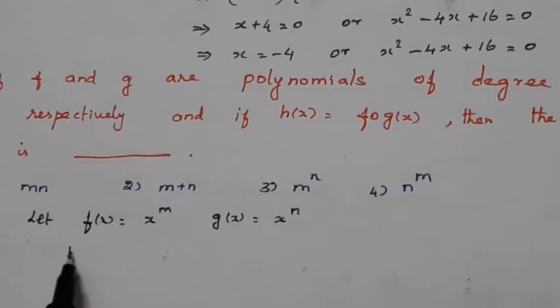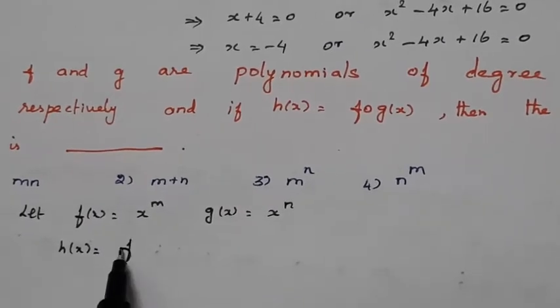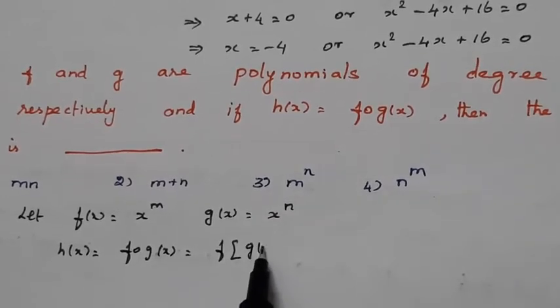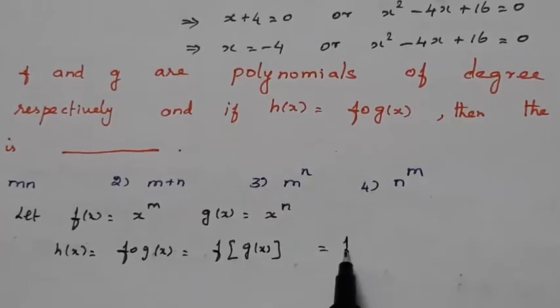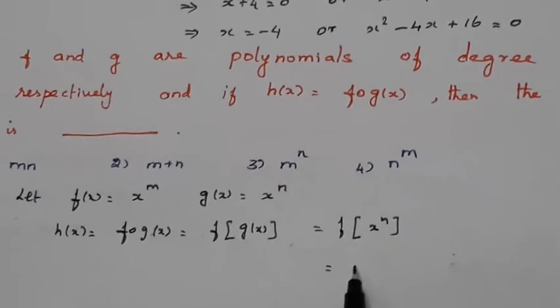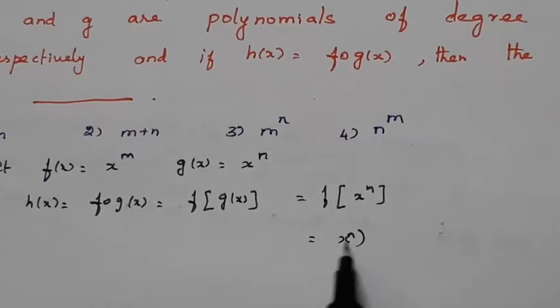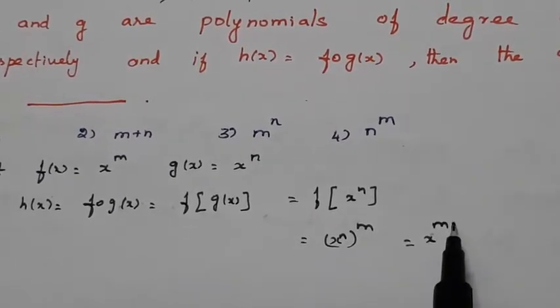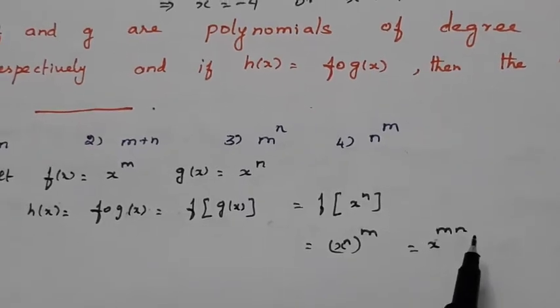Then h of x is equal to f composite g of x, that is f of g of x, that is f of x power n. Now, what is f of x power n? It is x power n, the whole to the power m. According to the exponential rule, the powers are multiplied, so it is x power mn.